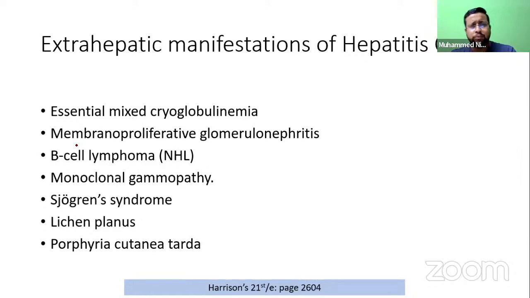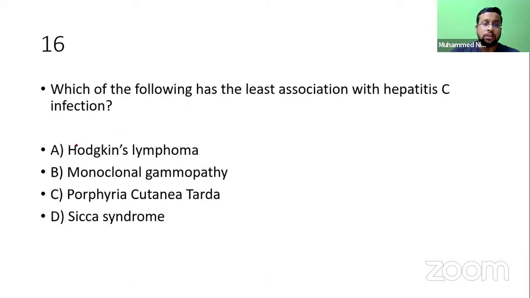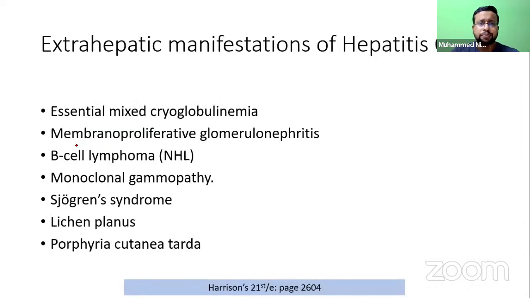Harrison has mentioned it only as B-cell lymphoma, but it is non-Hodgkin's lymphoma. Monoclonal gammopathy can be seen. Sjogren's syndrome and associated sicca symptoms can occur. Lichen planus is seen. Porphyria cutanea tarda is seen. The answer will be Hodgkin's lymphoma, because it's non-Hodgkin's lymphoma which is more common in patients with hepatitis C.